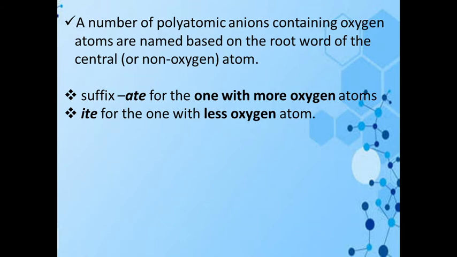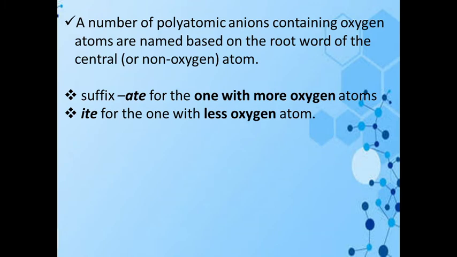A number of polyatomic anions containing oxygen atoms are named based on the root word of the central or non-oxygen atom. So in this part of the lesson, we need to know the number of oxygen atoms attached to an element.